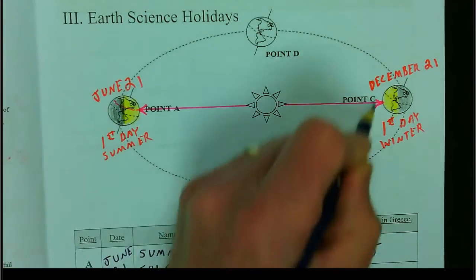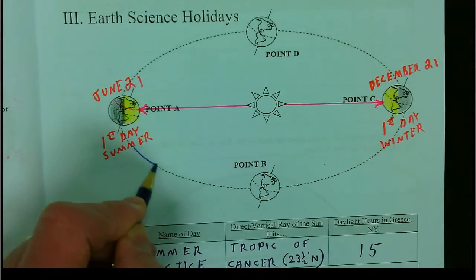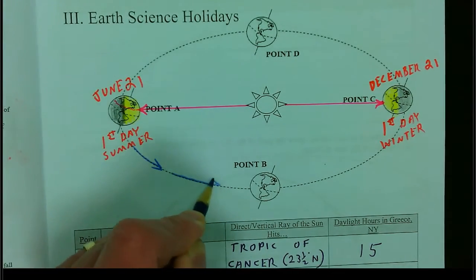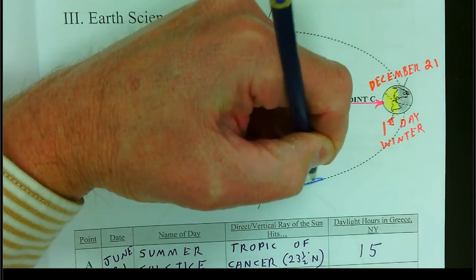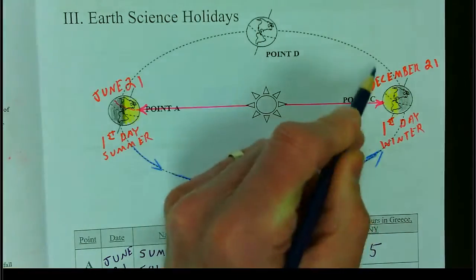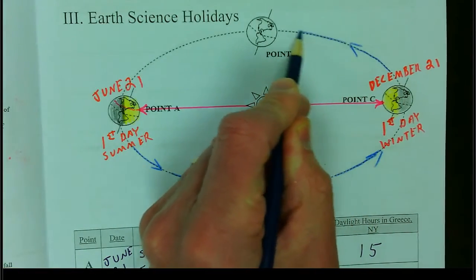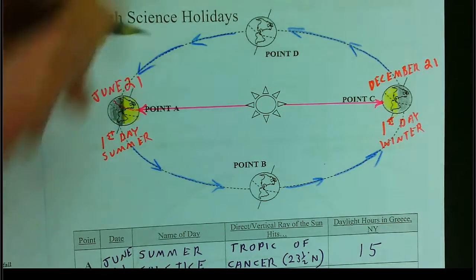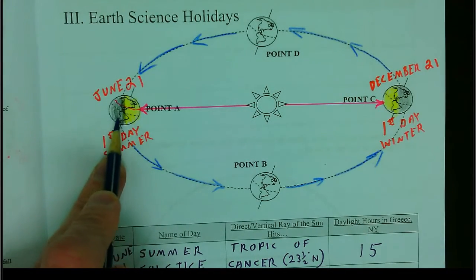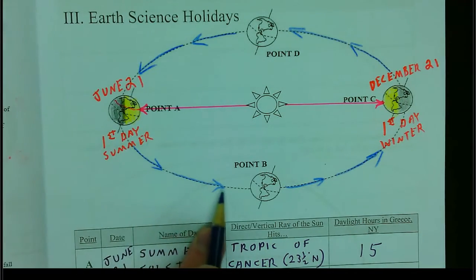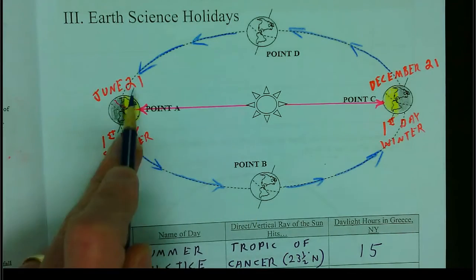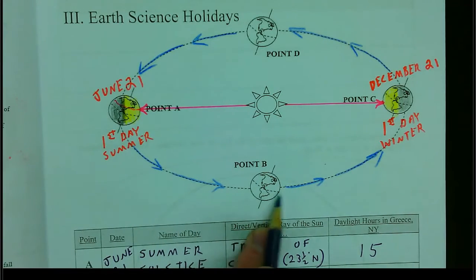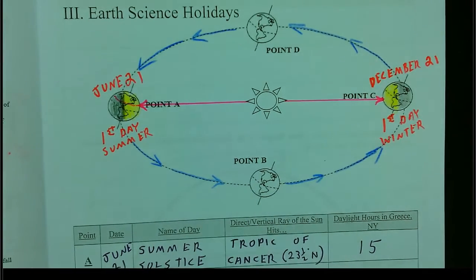The Earth revolves in a counterclockwise motion. So knowing that June is here, June, July, August, this must be fall, right? Because after summer comes fall, then winter. So this is our first day of fall.